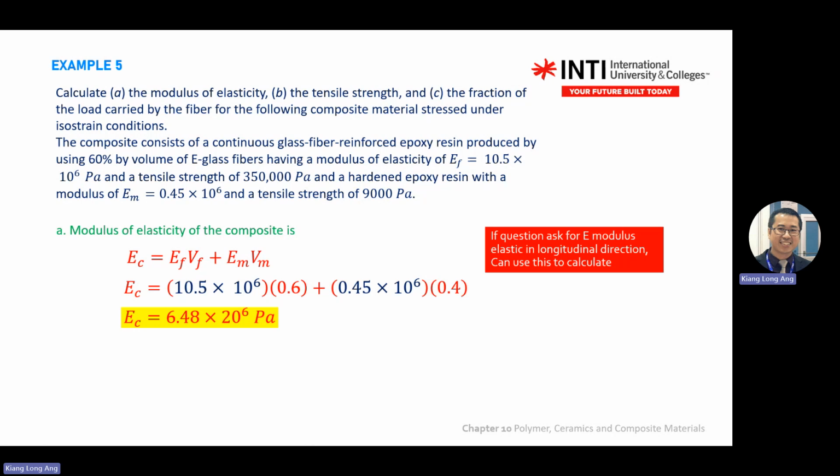So when you pull in this direction, because of this layer, the deformation is actually the same. Matrix and fiber are the same, right? The way it deforms is the same. Okay, so this is E longitudinal direction. You know what is longitudinal and lateral, right? Okay, so this is longitudinal, this is lateral.